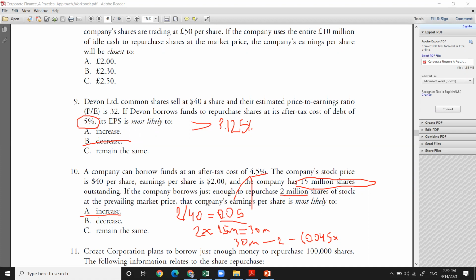Careful. $40 per share. And how many shares will you repurchase? 2 million. So it's 80 million.